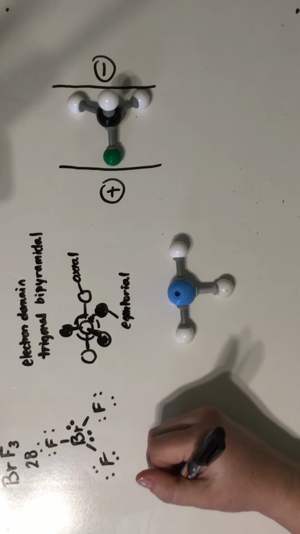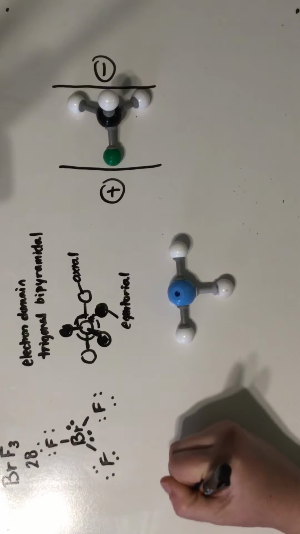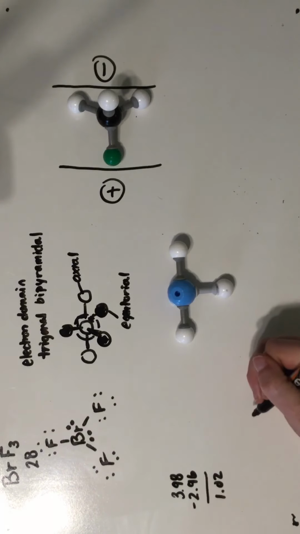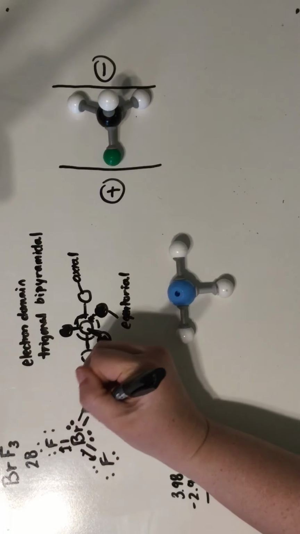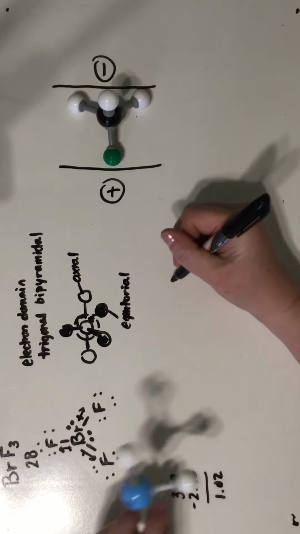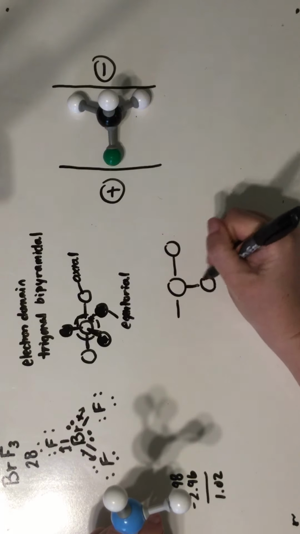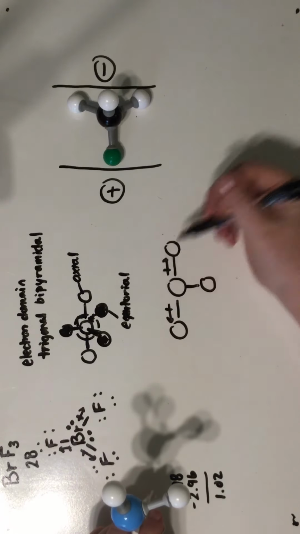We check our polarity. That's 3.98 minus 2.96, a difference of 1.02. Another polar bond pointing toward fluorine, which means if we look over here at our actual shape, this one's going left, right.